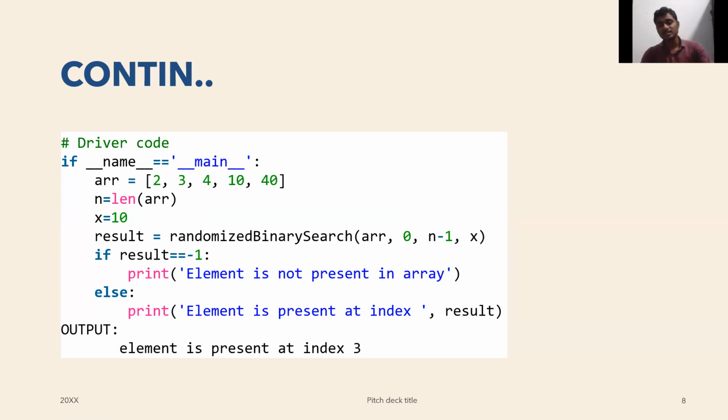If it is present, I print the index stored in result. Here I have given x as 10, and x is present at index 0, 1, 2, 3, so the third index. The element is present at index 3.